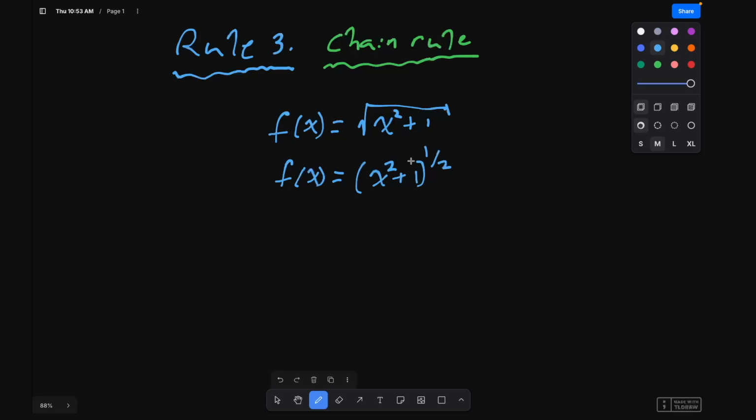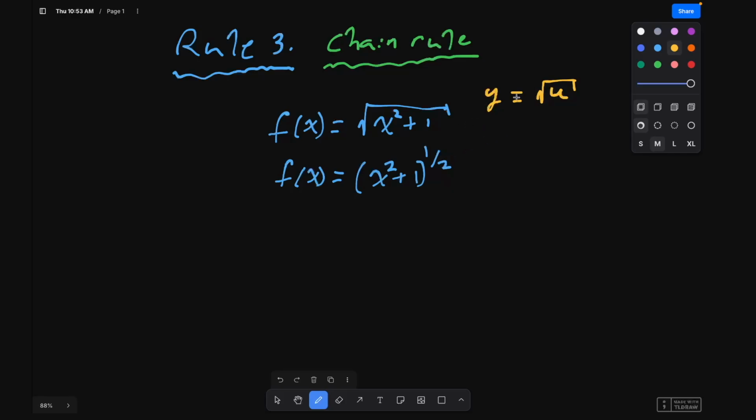And really what this problem is, is a function inside of another function. This square root is one function, and we're going to say that it is y equals the square root of this inside bit. But for now, we're going to call it u. And I said that this is a function inside of another function.